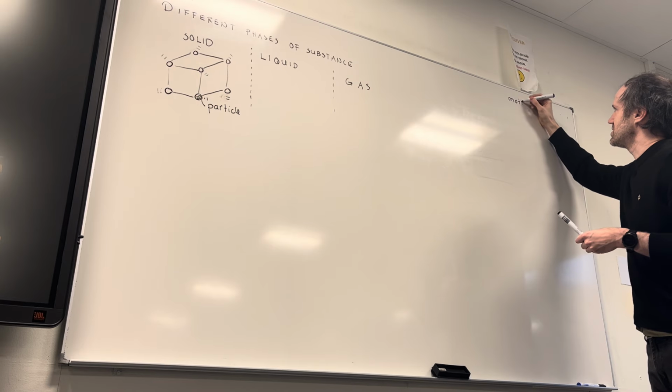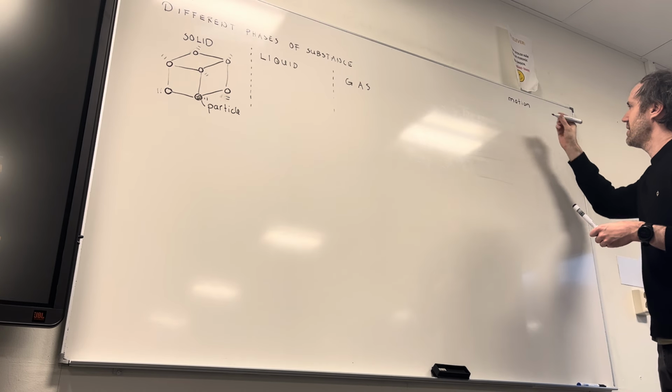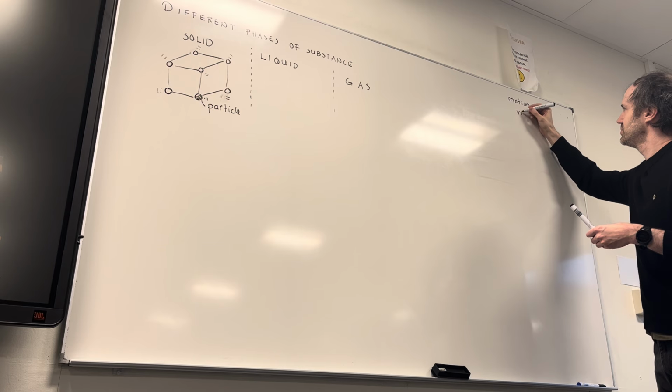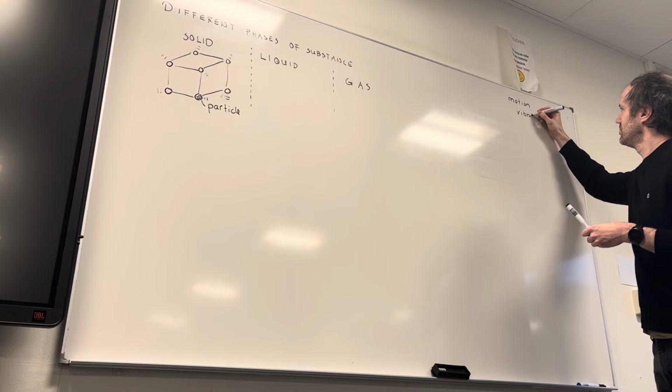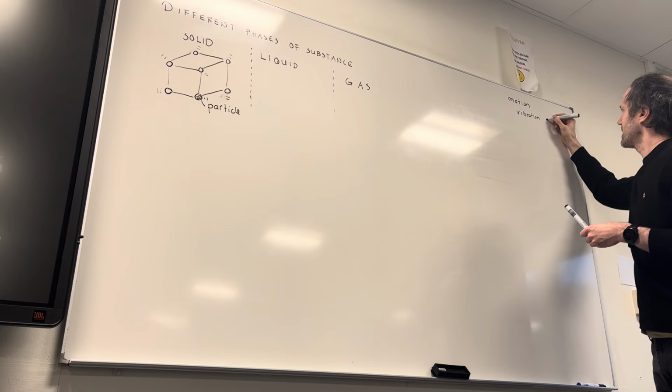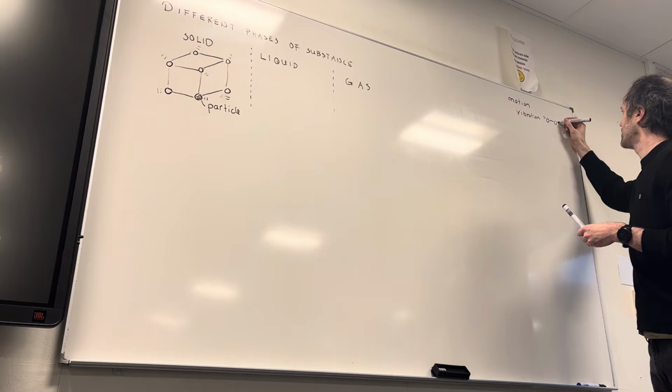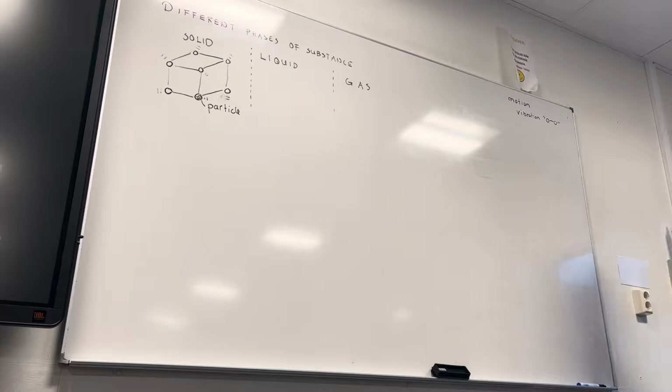How we physicists describe motion, we have vibration. That's when particles tend to vibrate about the equilibrium position. So vibration is one type of motion particles can have.